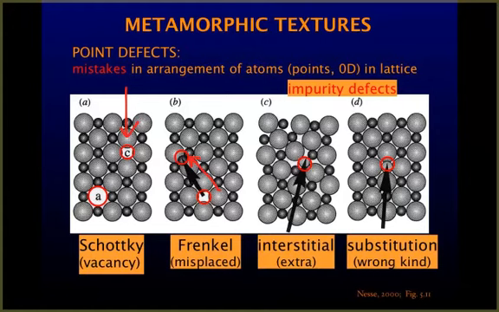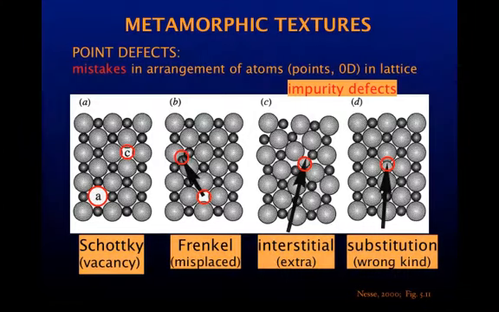Or there might be extra ions included, or the wrong kind of ion included. So a substitution by another ion that might fit in the crystal lattice in terms of its size and its charge, and that can replace a more common element. Let's say titanium substituting for iron in a biotite. That's a very common kind of substitution.